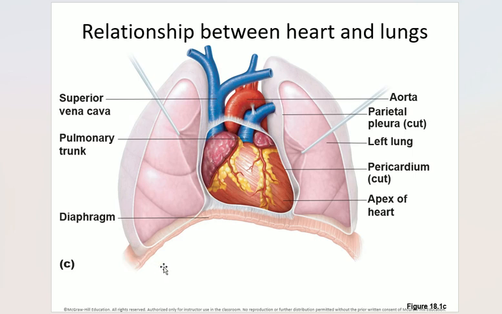Remember, anytime we talk pulmonary, we talk lungs. We're going to get into pulmonary arteries, and this is heading away from the heart and into the lungs. The superior vena cava has blood going in from the head and left arm, and then the head and the right arm, and they join together and bring that blood to the heart, not bring the heart to the blood.